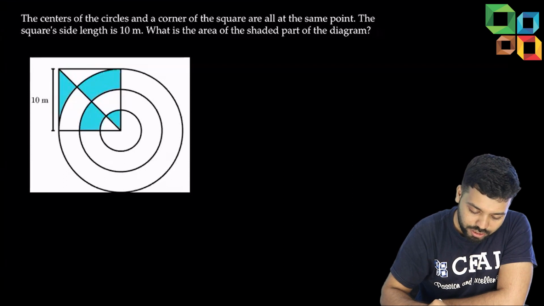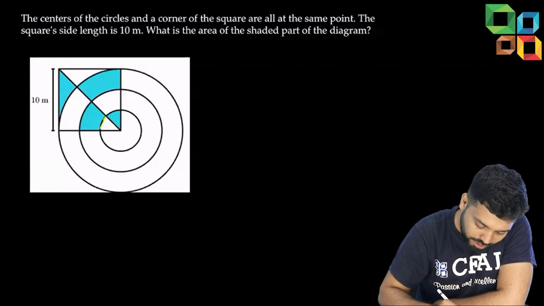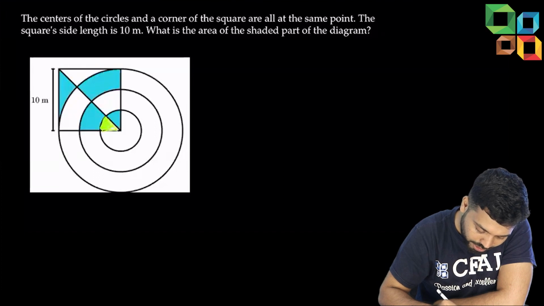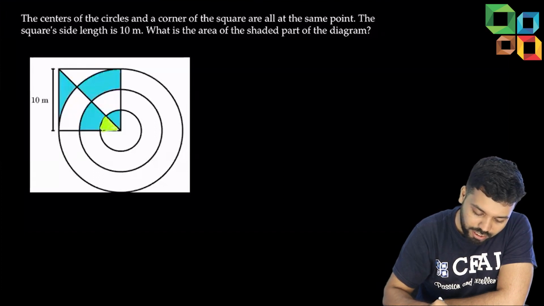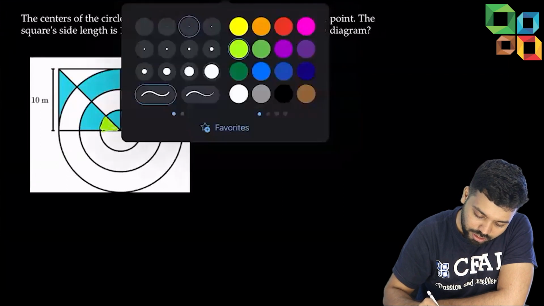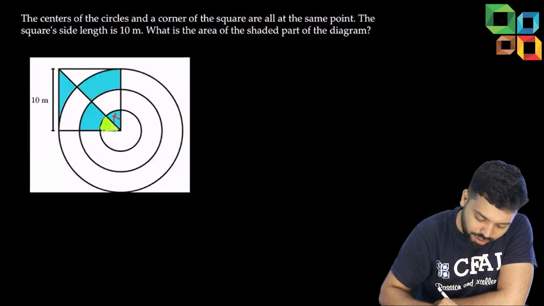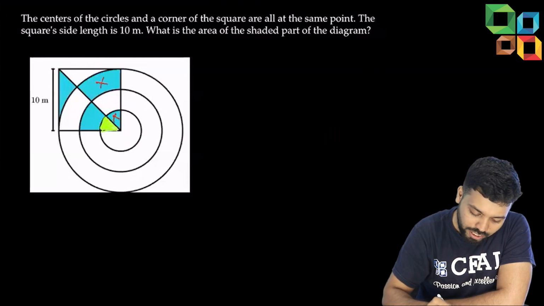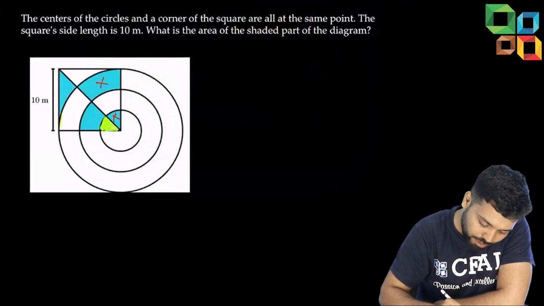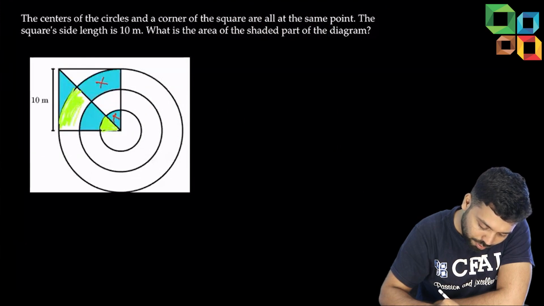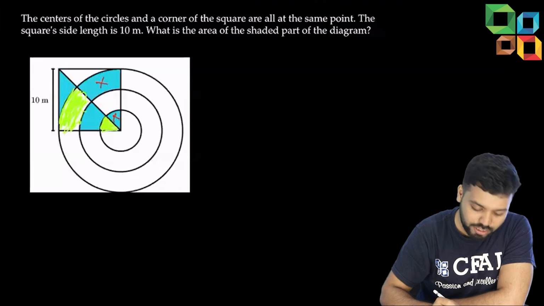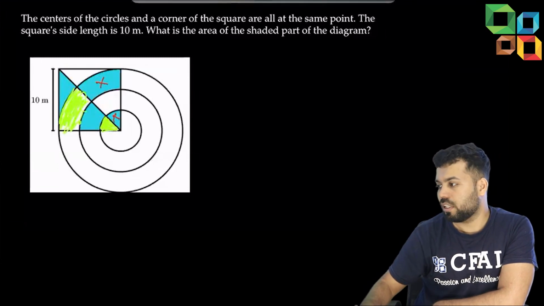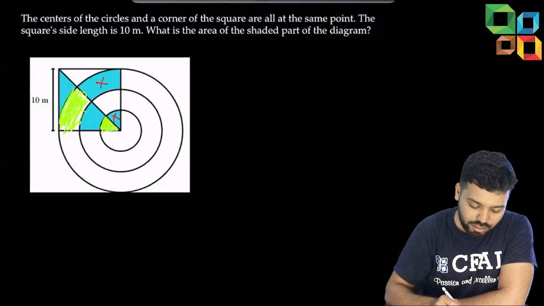So I'll shade this part, and I'll ignore this part for now because I have covered it on the left side. Similarly, I'll ignore this part and I'll shade this part, which is the same as copying the right part to the left part. Now if you see here, you have a triangle.